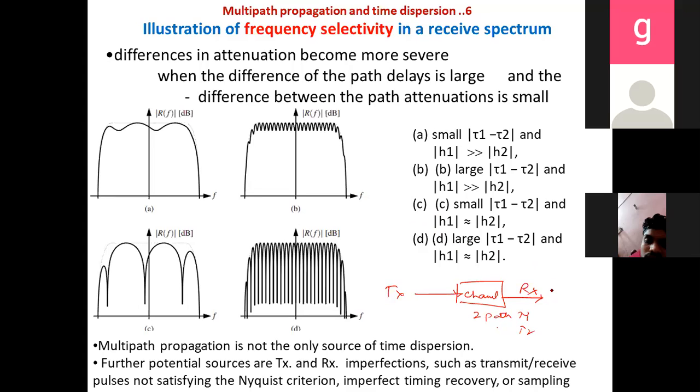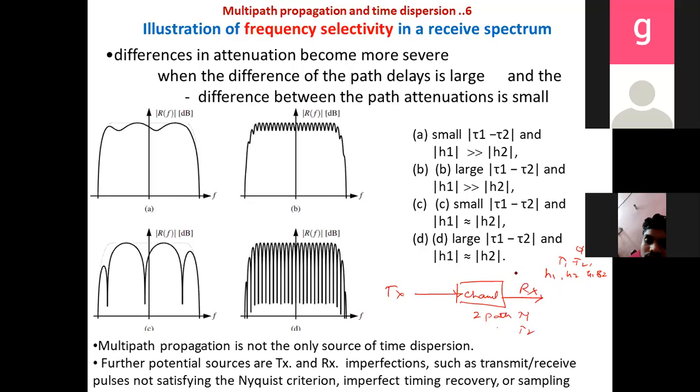It had the H1 term, the H2 term, the multiplication of H1 and H2, the delay term tau1 minus tau2, the phi1 minus phi2 term, and the delay spread multiplied with the frequency. Everything we saw in that previous equation.